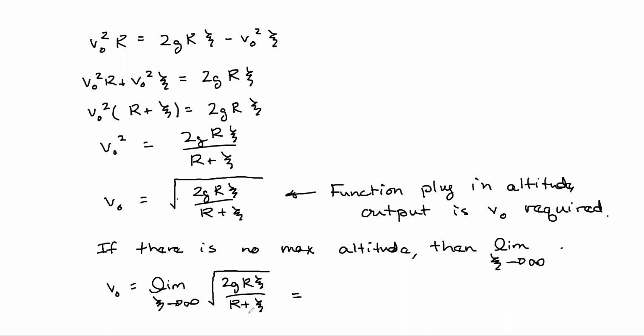The xi's will end up canceling, and you get the square root of 2gr. Okay, so there's your formula. That's the escape velocity.